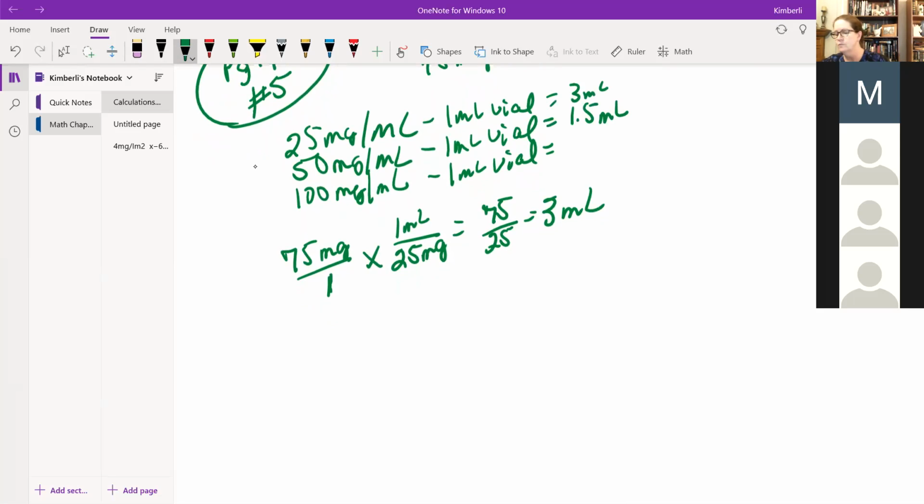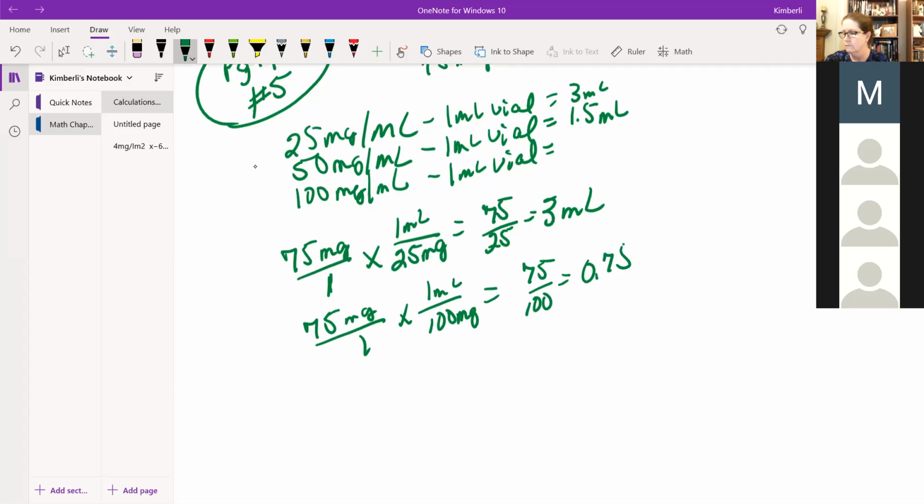And the 100 milligrams per ml works out to what? I think 0.75. Okay, so 0.75 is not going to hurt that much, is it? And it's also easy to draw up. You can go to 2 decimal places on a 1 ml syringe.